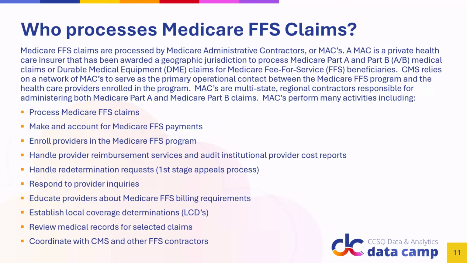So in addition to processing, Medicare administrative contractors provide additional services, such as enrolling providers, handle provider reimbursement services, handle redetermination, respond to their inquiries, educate providers, establish local coverage determinations, review medical records, and coordinate with CMS and other fee-for-service contractors. Let's go to the next slide.